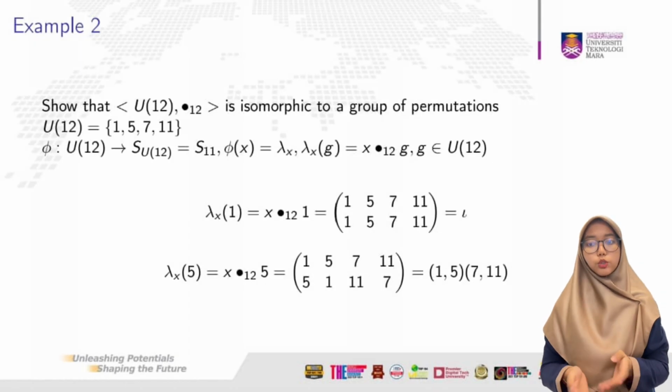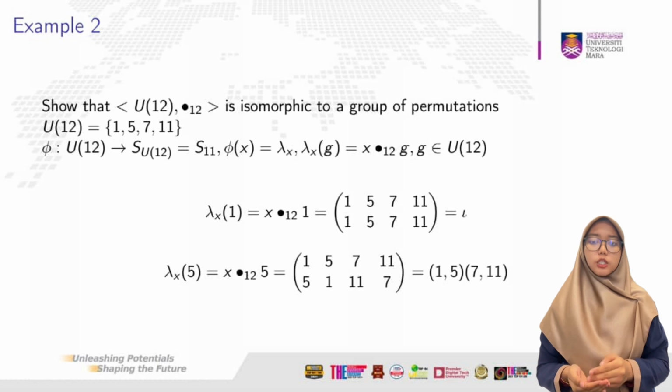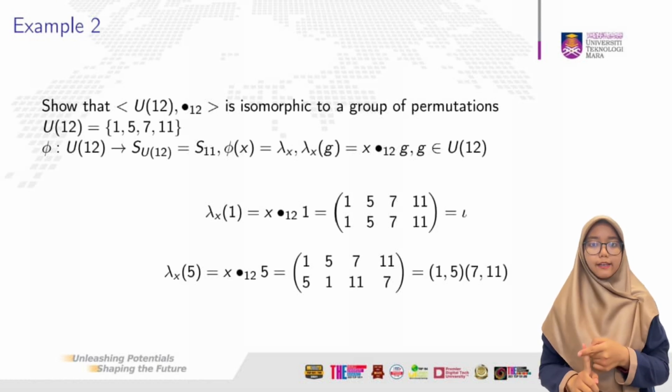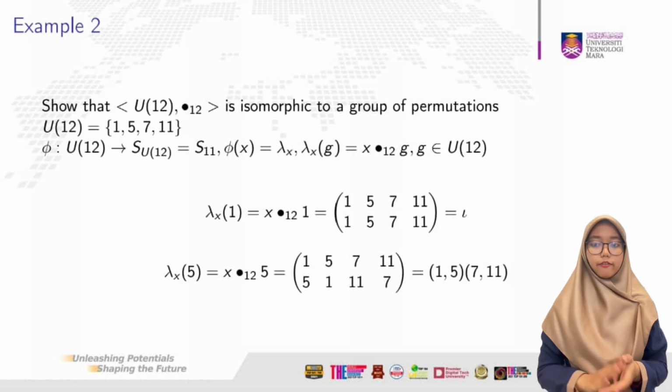For example 2, show that the group U12 under multiplication modulo 12 is isomorphic to a group of permutations. The elements of U12 are 1, 5, 7, and 11.